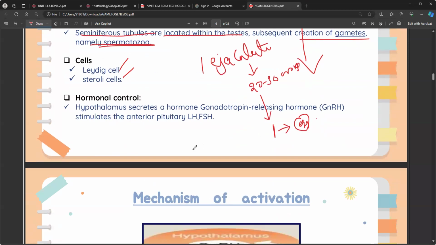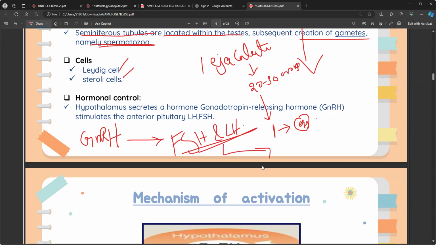And most importantly, you have to remember that the hormone actually required for spermatogenesis begins with GnRH. We already studied this in the endocrine system. Gonadotropin releasing hormone majorly controls FSH and LH. I believe I explained this in the endocrine system. FSH is generally involved in what? Spermatogenesis, or the sperm formation.